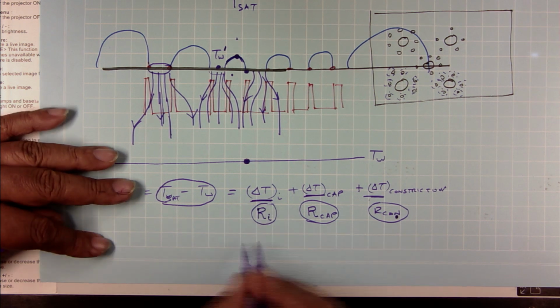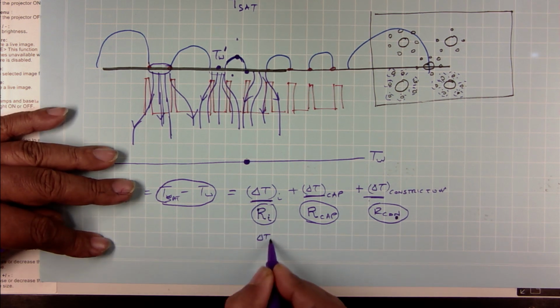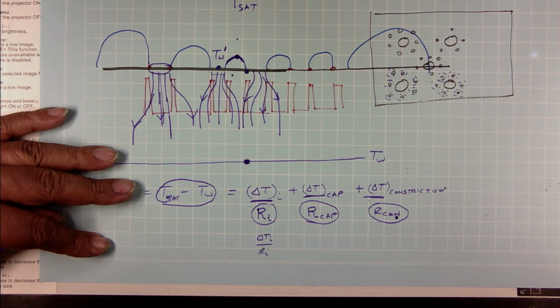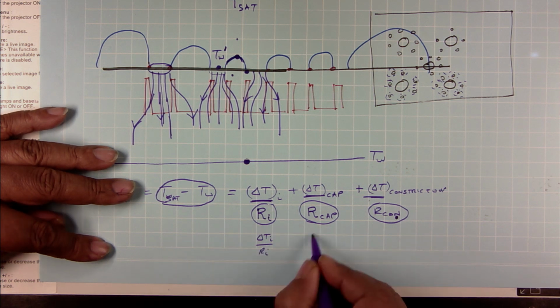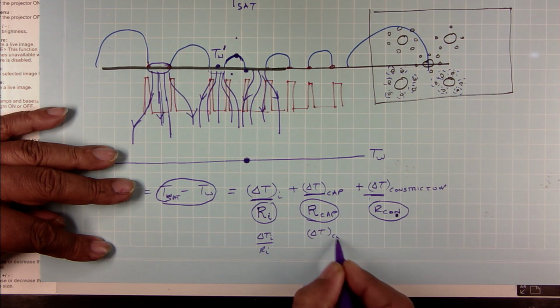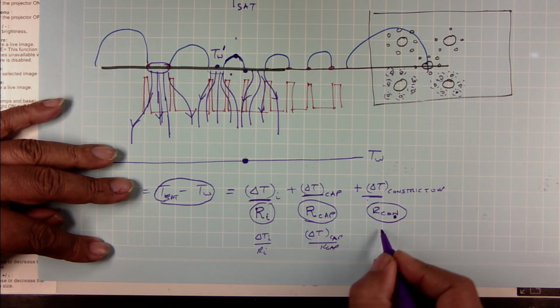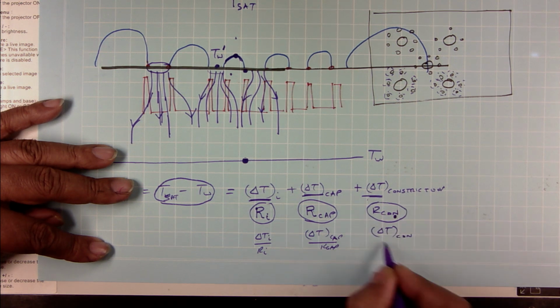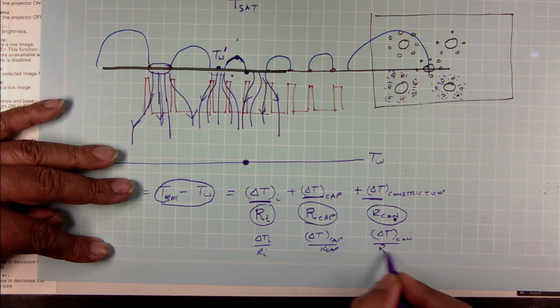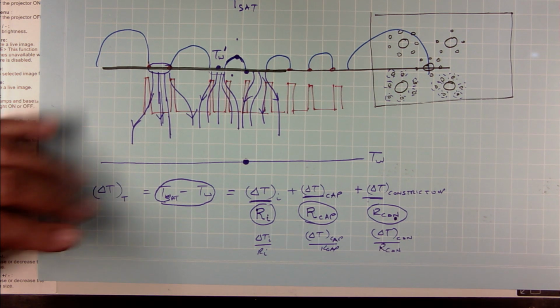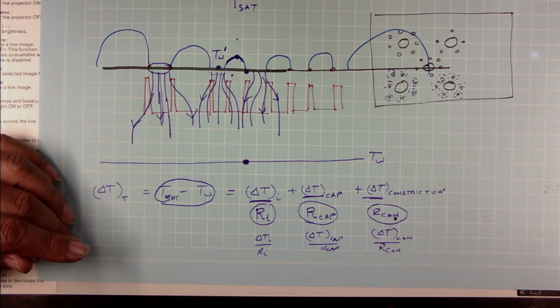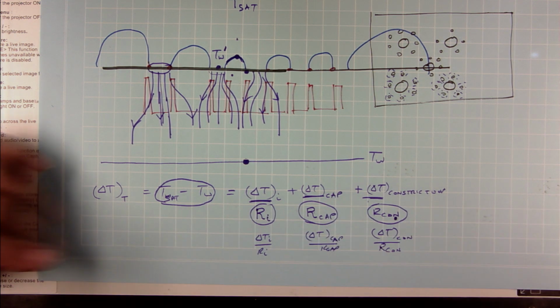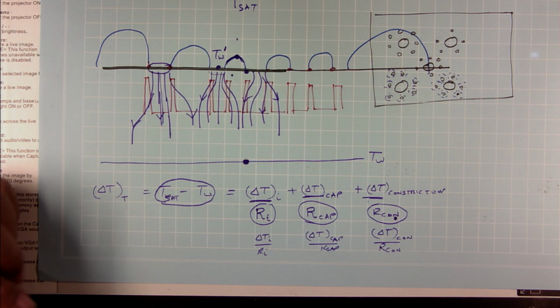I am going to get a heat flux because of delta T I divided by R I. I am going to get a heat flux because of delta T cap divided by R cap, and then I am going to get delta T constriction divided by R constriction. Okay, so those are the 3 individual drops that you have to encounter.